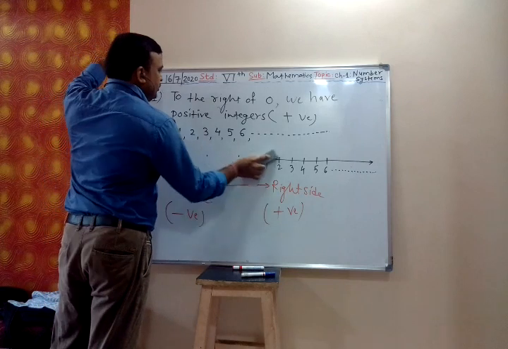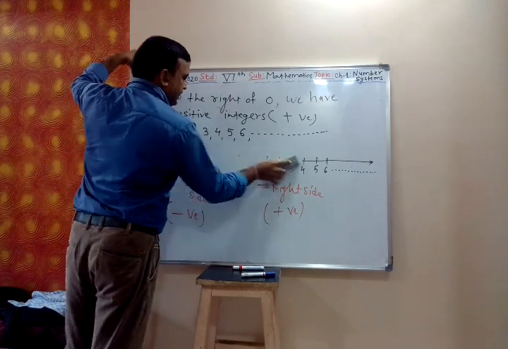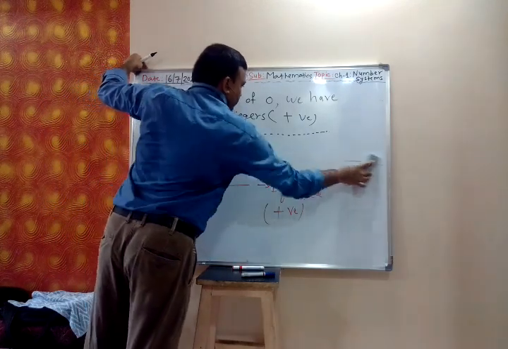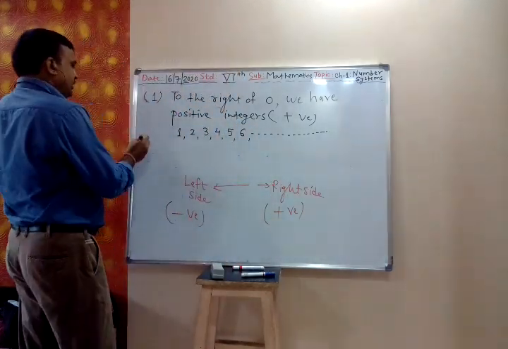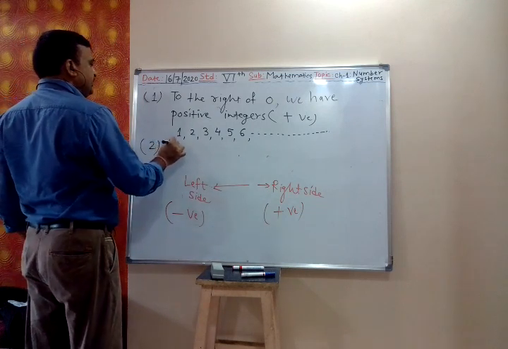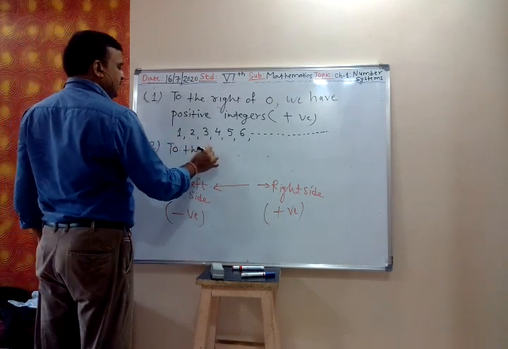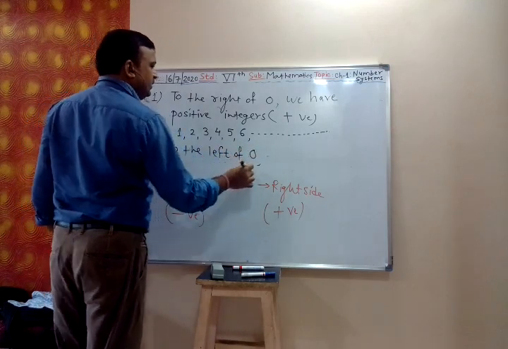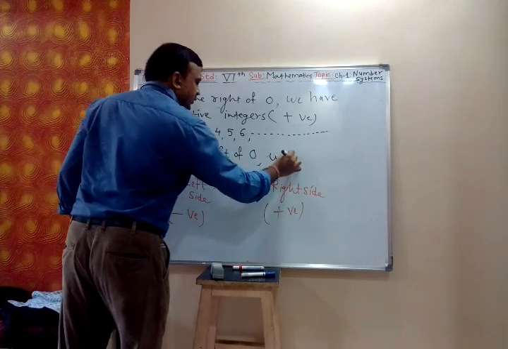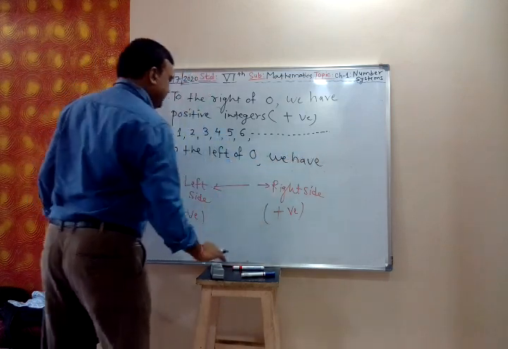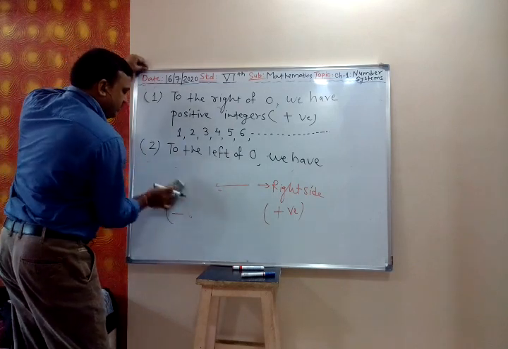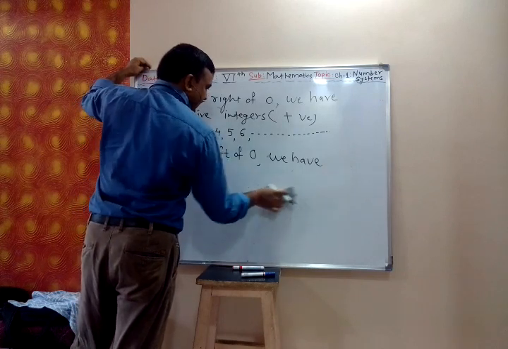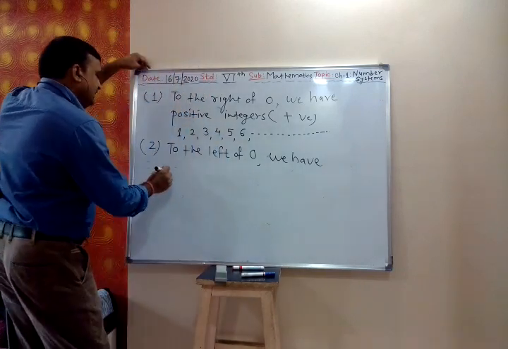Now write, second point. To the left of 0, we have negative integers.